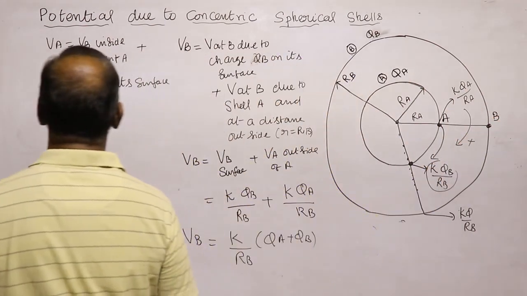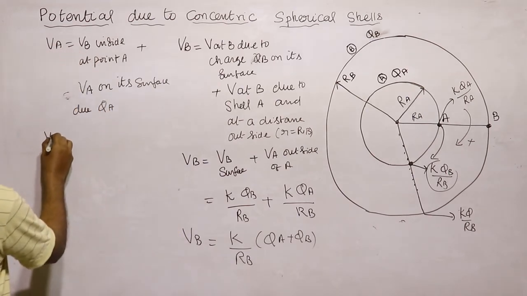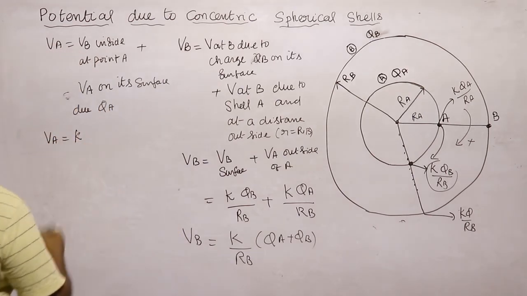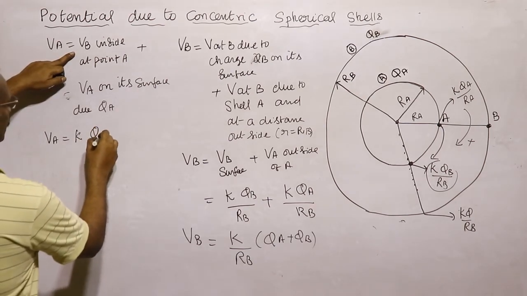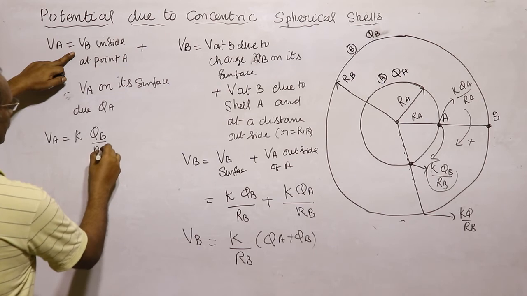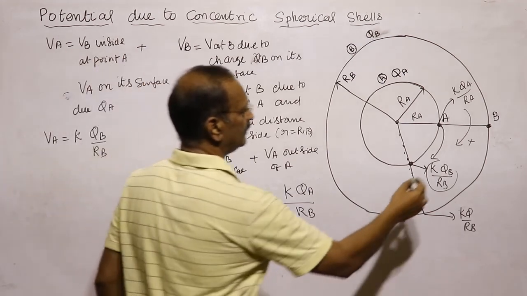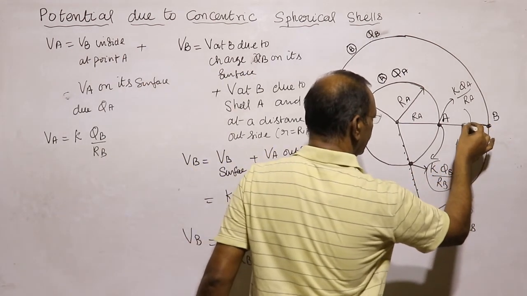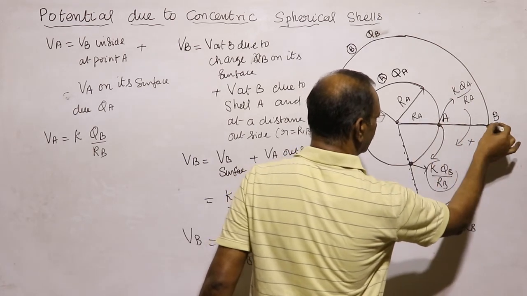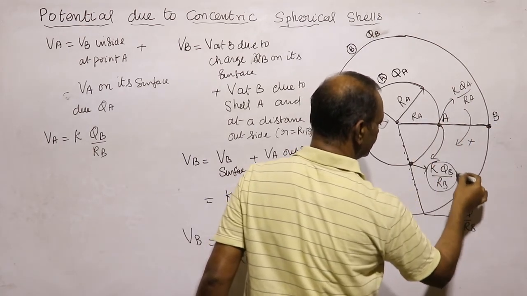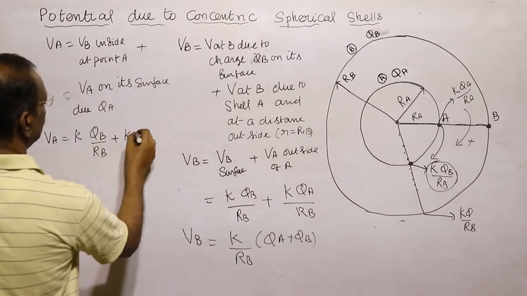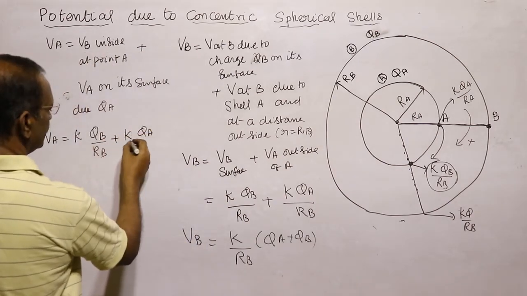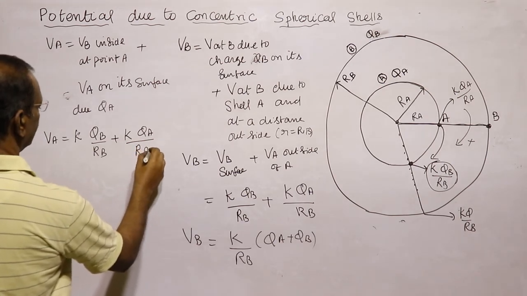So we can write the potential at A as equal to K into the potential inside B, which is equal to QB by RB. At this point, the same potential will be there. What is available on the surface, the same thing is available, plus the potential due to charge A on this inner surface, which is having a radius of RA.